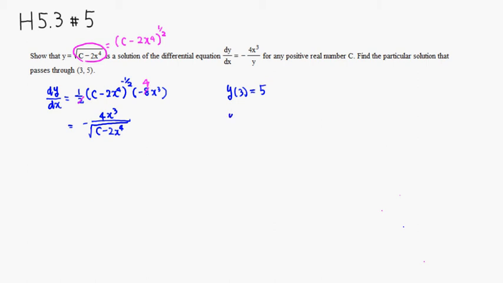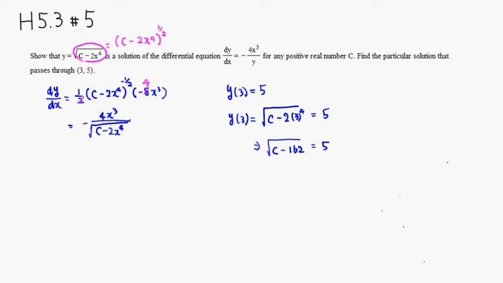So y of 3 is equal to square root of c minus 2 times 3 to the fourth power, and this is going to be equal to 5. Right, so let's see, 3 to the fourth would be 9 times 9, 81. So this is square root of c minus 162, because 81 times 2, is equal to 5.